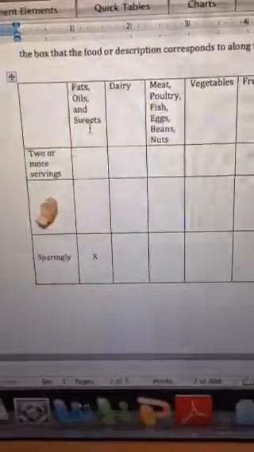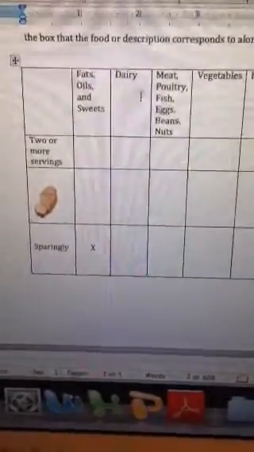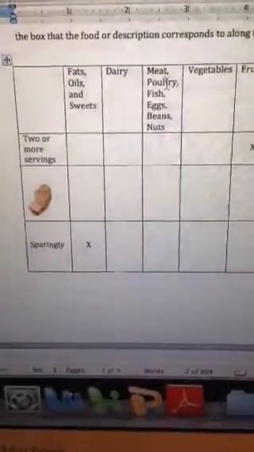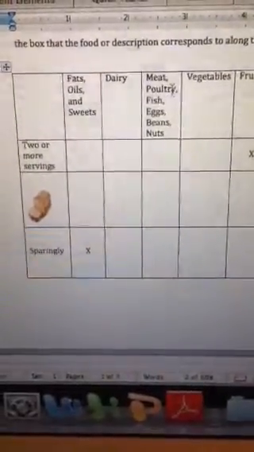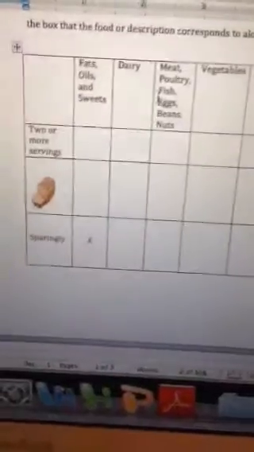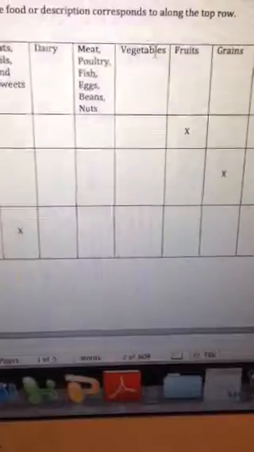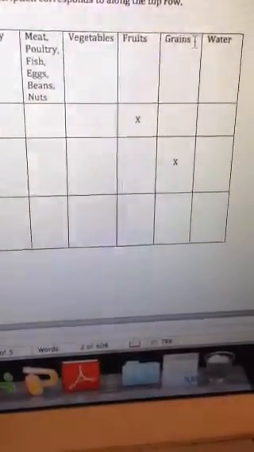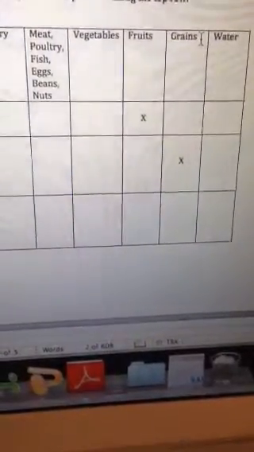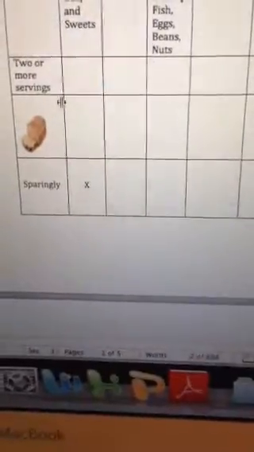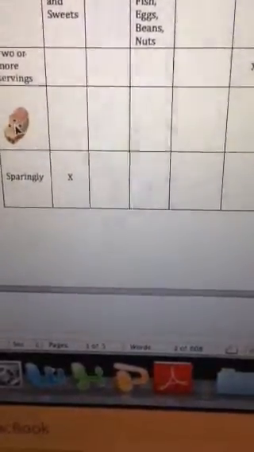So we have the fats, oils, and sweets, dairy, the meat, poultry, which poultry means chicken or bird, fish, eggs, beans, and nuts. And then we have vegetables, fruits, grains, which are what in color? Brown, good, and water. On the left-hand side, we have either the serving size or a picture of the food.